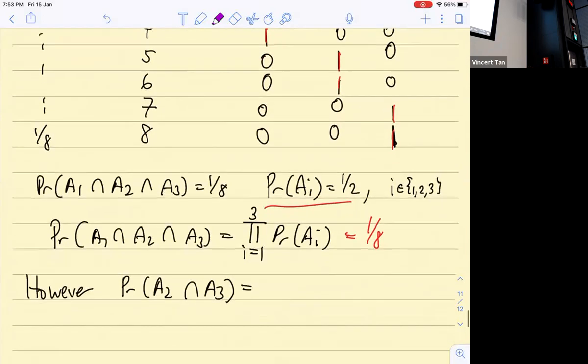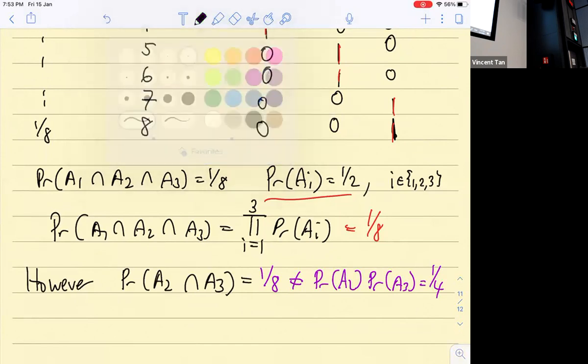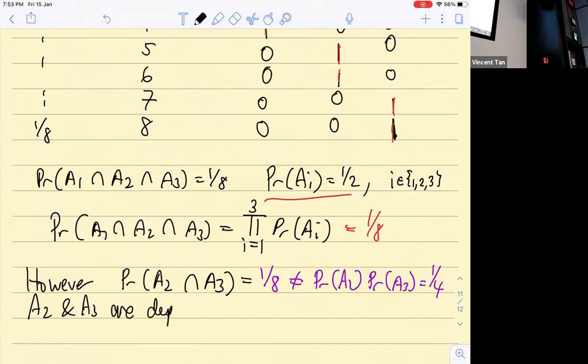But this is not the same as the probability of A2 multiplied by the probability of A3, which is a quarter. So we violate the pairwise independence of A2 and A3. In fact, events A2 and A3 are not independent. Not independent means dependent.